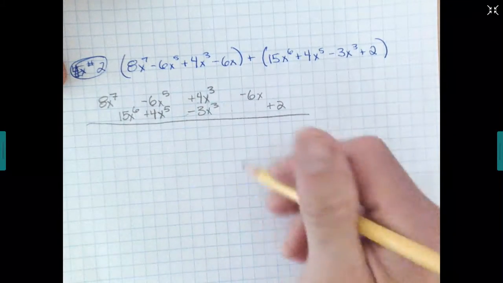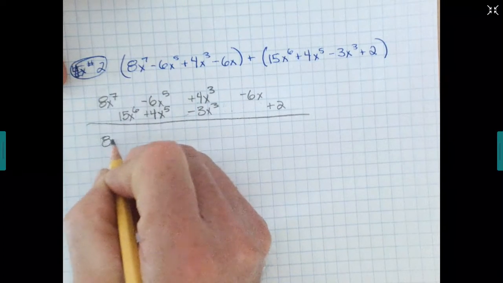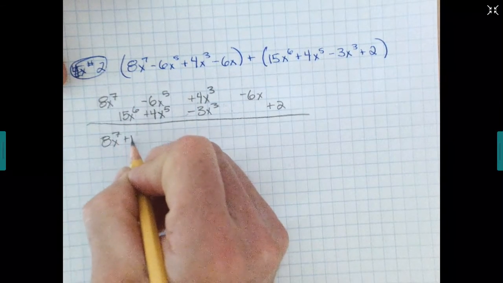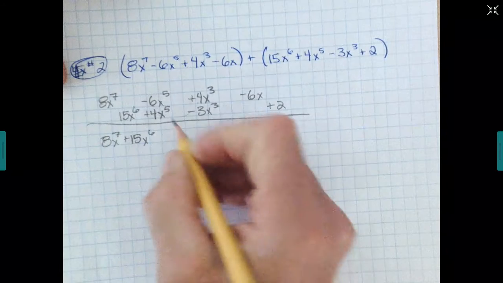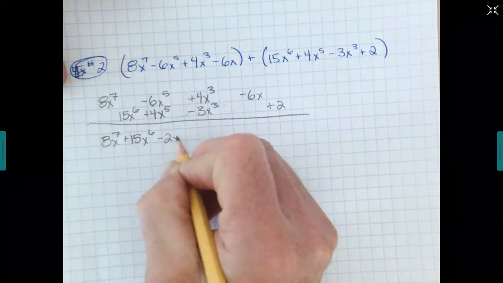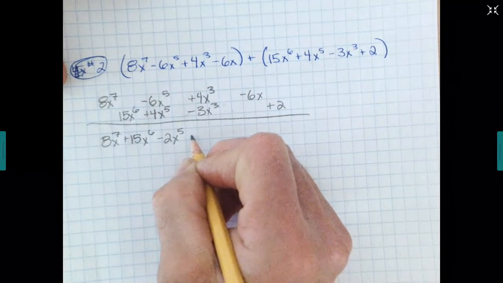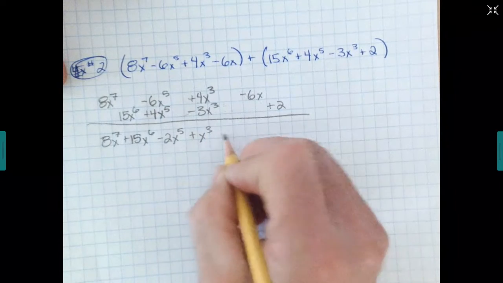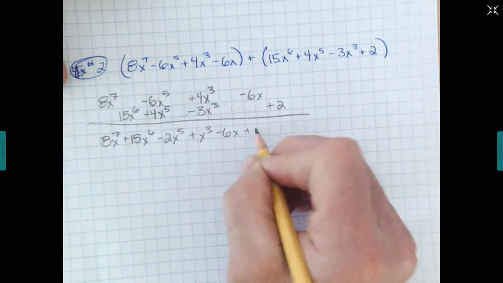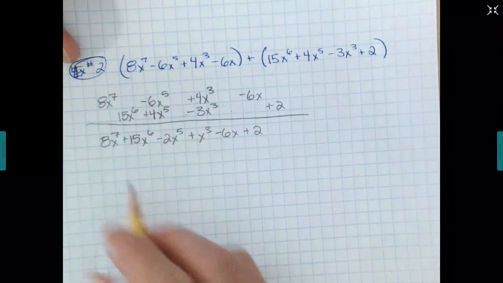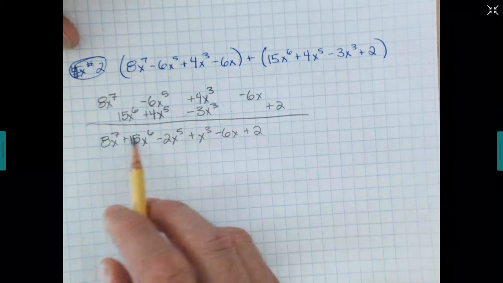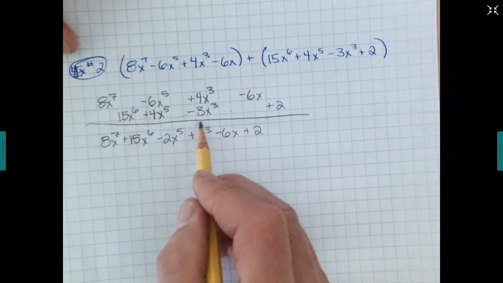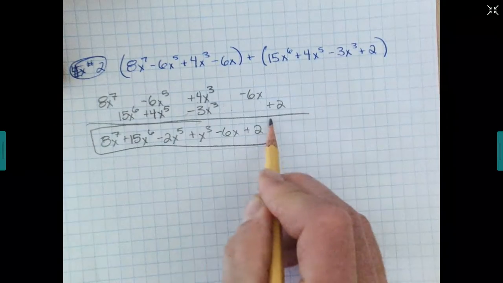All like terms are lined up in the same row. So I have 8x to the 7th plus 15x to the 6th minus 2x to the 5th plus x to the 3rd minus 6x plus 2. I also have it in standard order. And there it is.